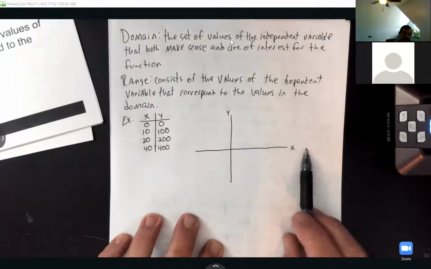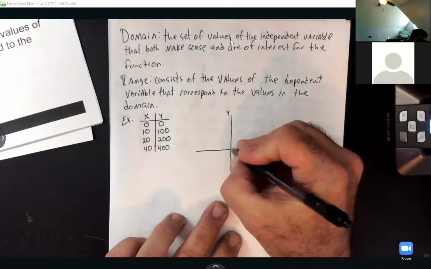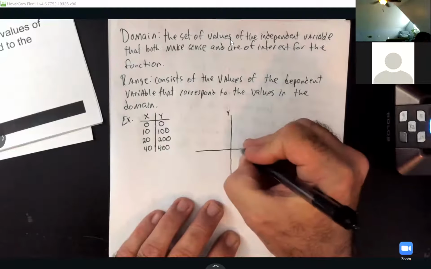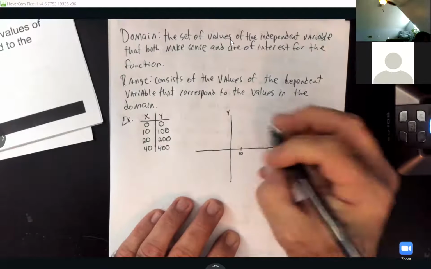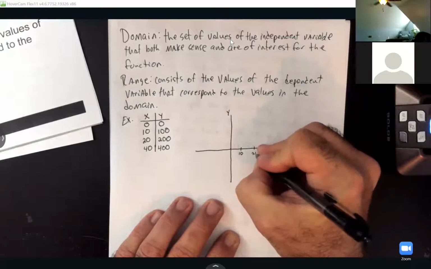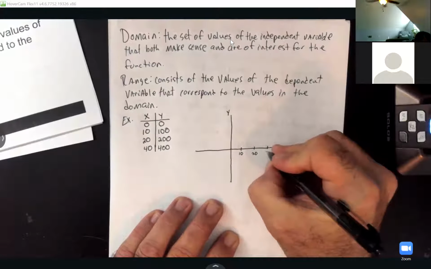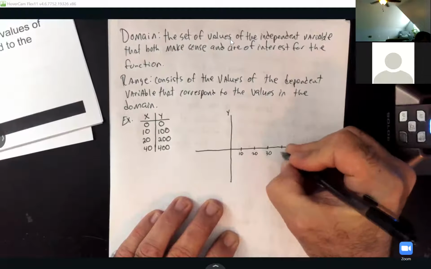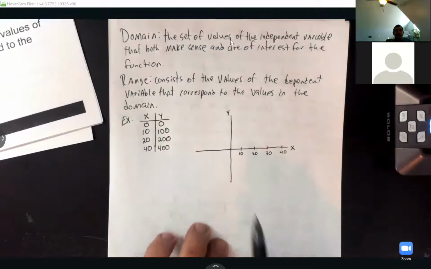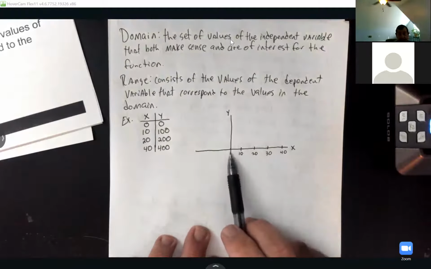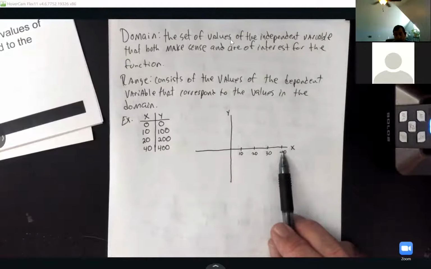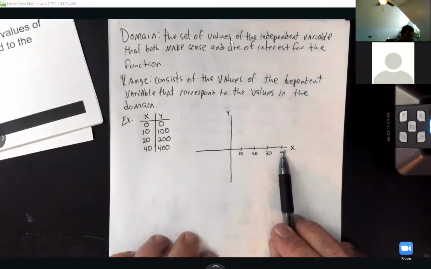X's are positive to the right side. So 0 would be in the middle. And then let's make this go by 10. So there's 10, 20, 30, and 40. So my domain can go from 0 hours if I don't work at all that week, up to 40 hours if I work all 5 of my days.